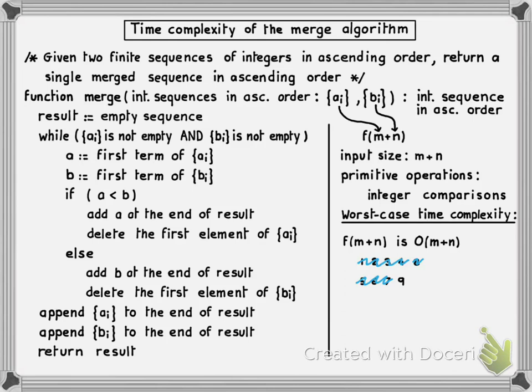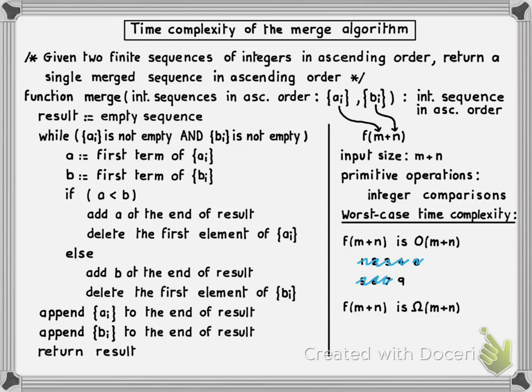And therefore, the worst case time complexity of this algorithm for any value of m and n is on the order of m plus n minus 1, which is clearly not only big O of m plus n, but it's also big omega of m plus n. Since the minus 1 doesn't matter in the big omega analysis like it doesn't in the big O, the runtime is not only upper bounded by m plus n, but it's also lower bounded by m plus n.